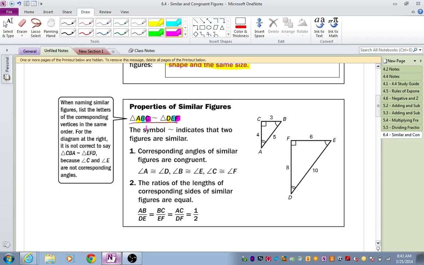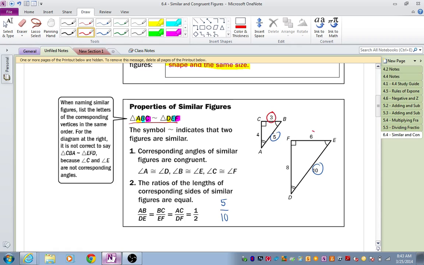Now the angles are congruent. However, the corresponding sides are not congruent in similar figures. Here, the ratios of the lengths of the corresponding sides are equal. So if we take the corresponding sides and create ratios out of them, we'll get the same for each pair. So if we look here, AB matches up with ED. So if we said 5/10, we'd get 1/2. Let's do BC, which is up here, and EF.